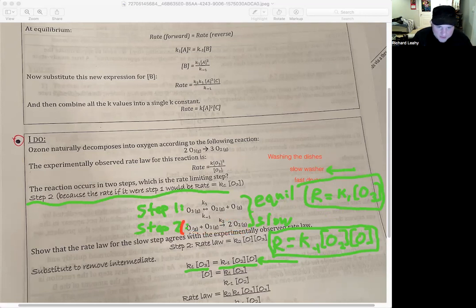Now the rate of step 2, let me get that K2 in there. The step 2 rate law has a K2, so it's different than the other Ks. And we have the reactants, the things on the left side, which is this: oxygen as an element by itself, and ozone.